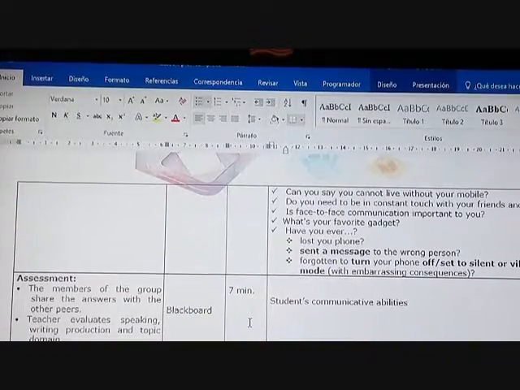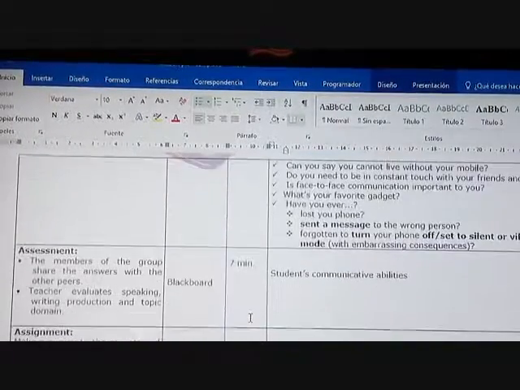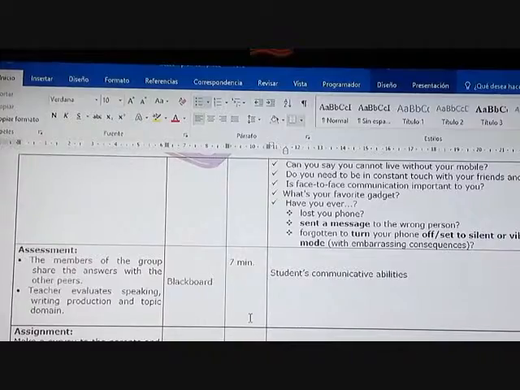The next step of this lesson plan is assessment, in which the members of the group share the answers with their peers, and they can use the blackboard. In this stage, the teacher evaluates speaking, writing, production, and topic domain. Okay.